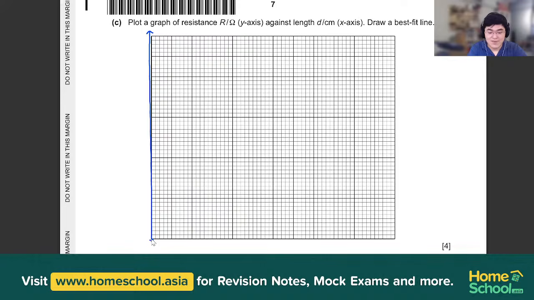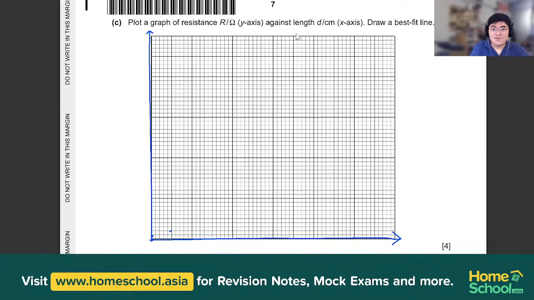So first things first, let's draw the proper axis over here, the x and y axis, and what are they supposed to represent? Okay, so please ignore the not so straight line. So first things first, you draw the axis. Please remember to draw an arrow up here and down here. Okay, this is the x-axis, this is the y-axis.